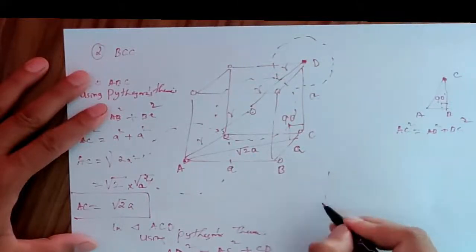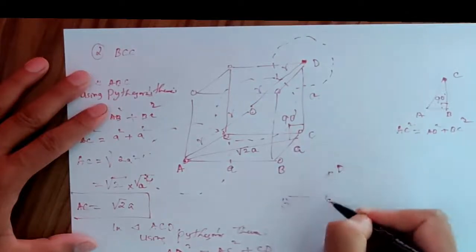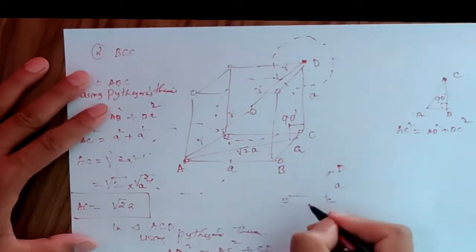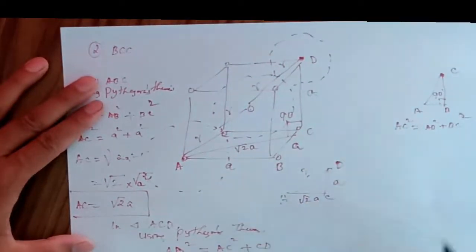CD length is A, AC length is root 2A. So AD we'll find out.